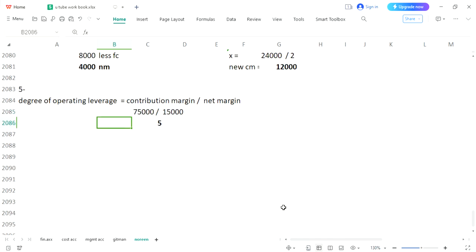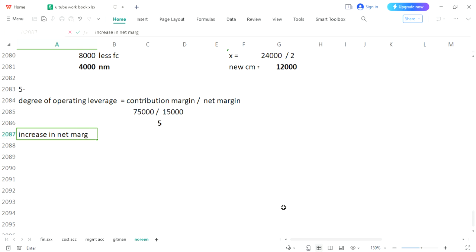For this, what you will do, increase in net margin, this you can calculate with degree of operating leverage.